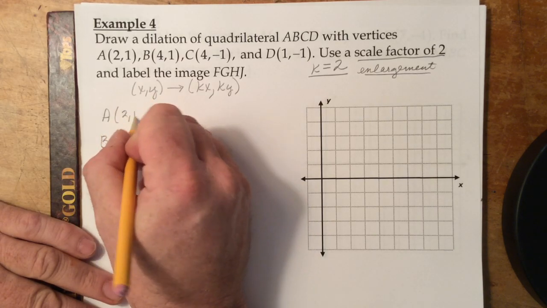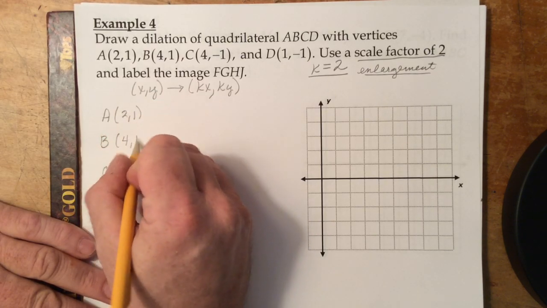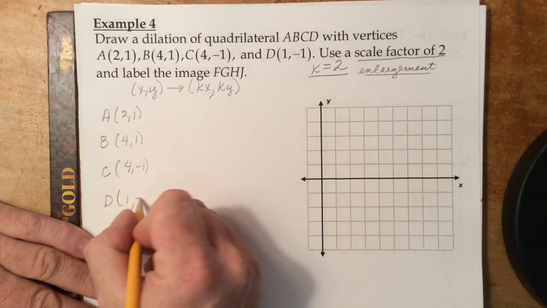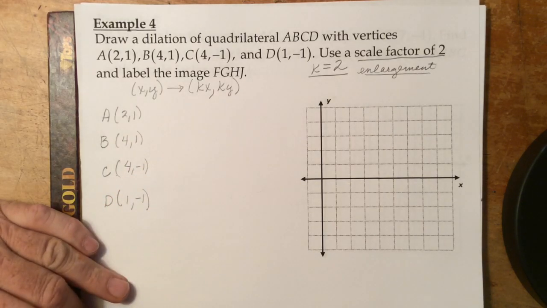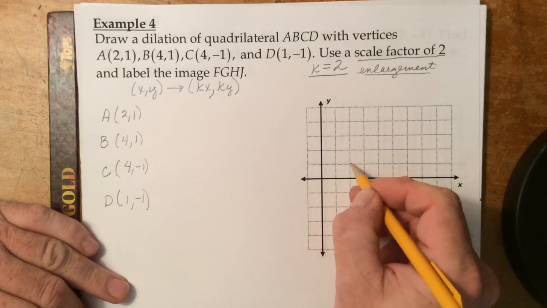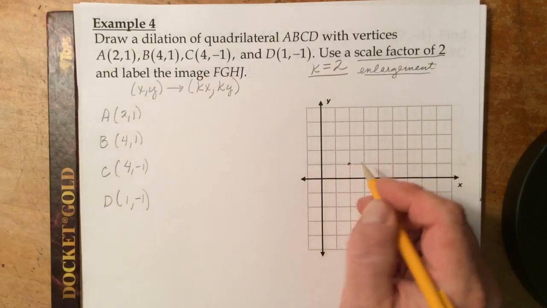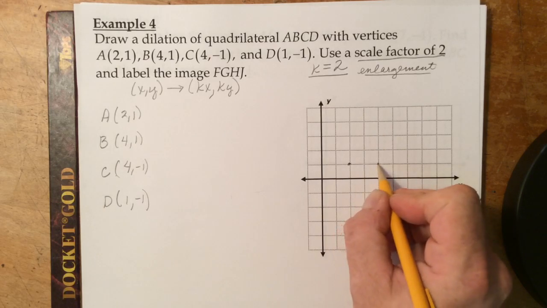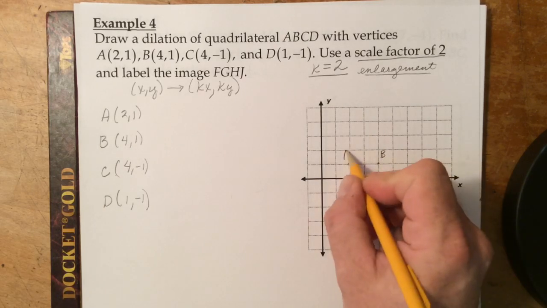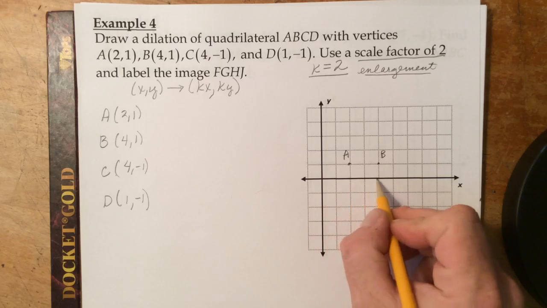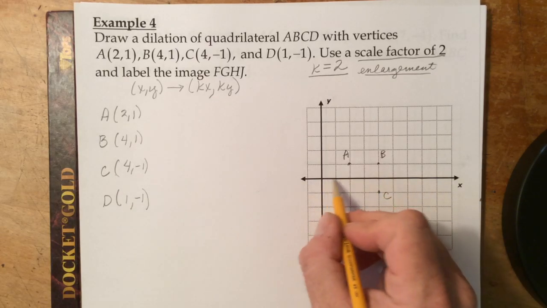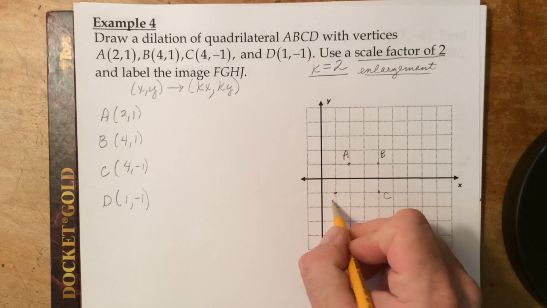Get them on here first. And graphing the original figure, (2, 1) is A, (4, 1) is B, (4, -1) is C, and (1, -1) is D.